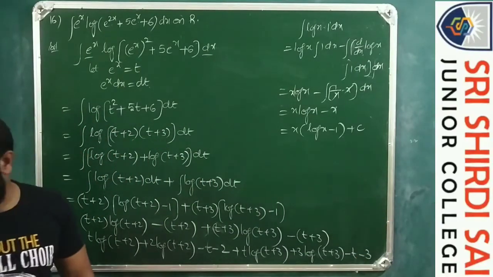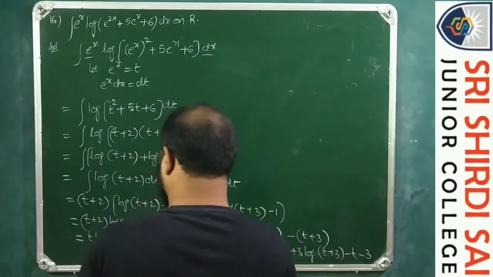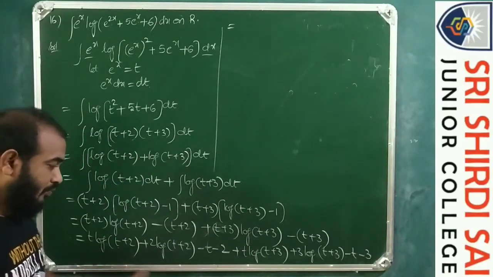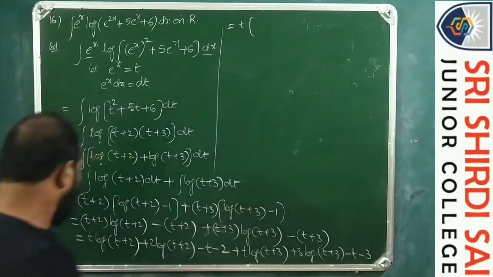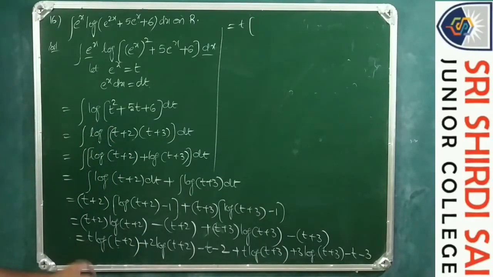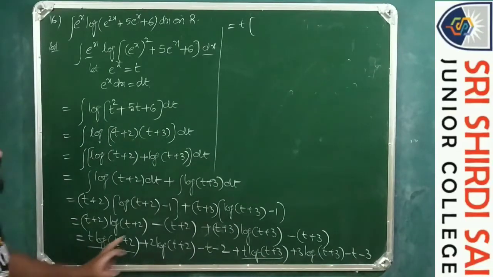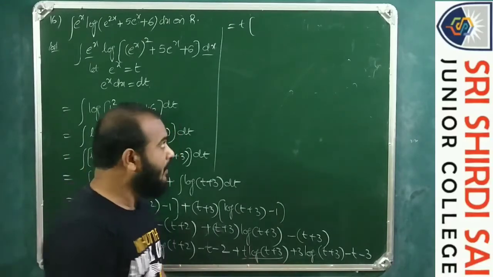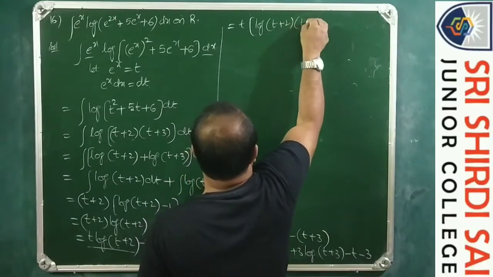So this is equal to t log(t+2) plus t log(t+3). Take t in common. Then log a plus log b is log ab. So here and here I have taken t as common. So t, if I take common, then this is log a plus log b, log ab. So this is log((t+2)(t+3)).